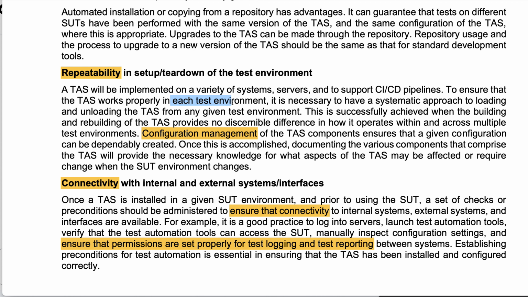This is successfully achieved when building and rebuilding the test automation solution provides no difference in how it operates within and across multiple test environments. Configuration management of test automation solution components ensures that a given configuration can be dependably created.